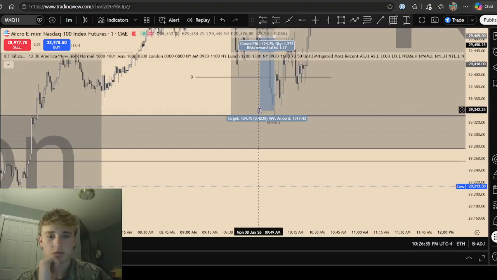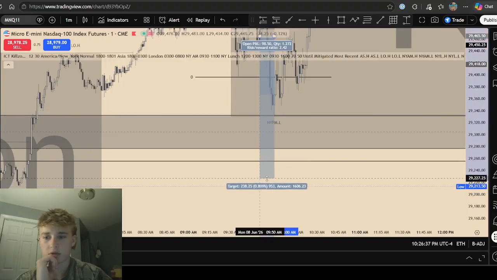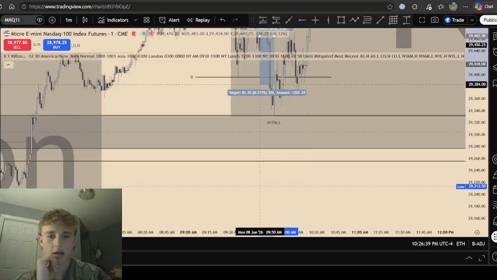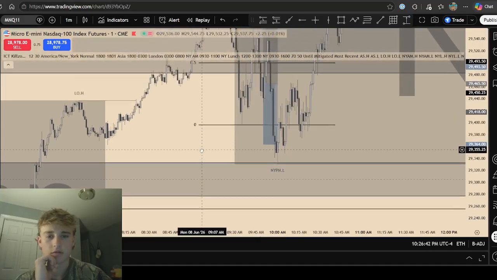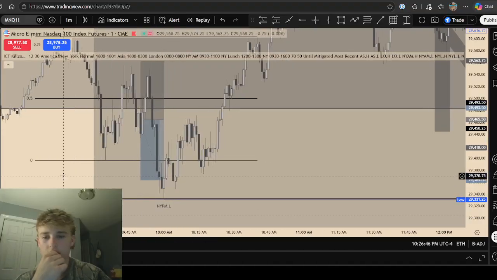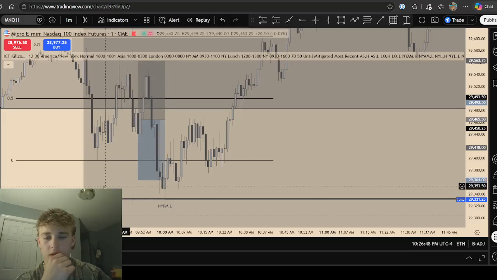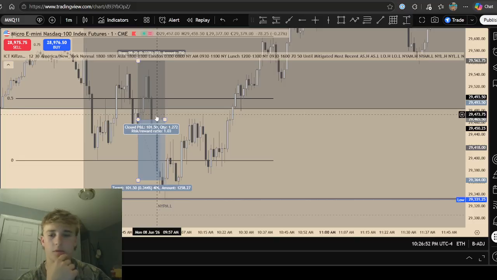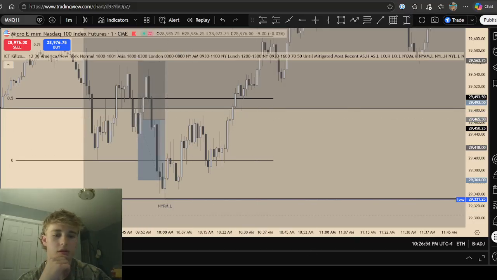Originally, my TP was for, I think, lows here or something like that, but I had entered off of two contracts. So I had my first TP around here and then my second one lower. So realistically, I would have hit first TP and then broke even after moving my stops to break even.